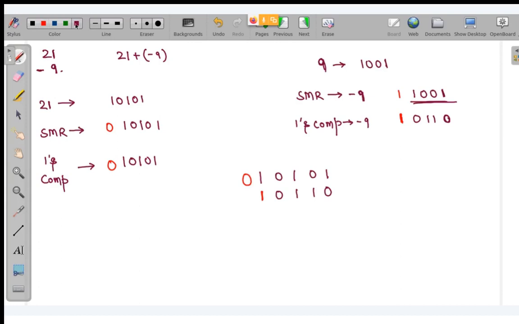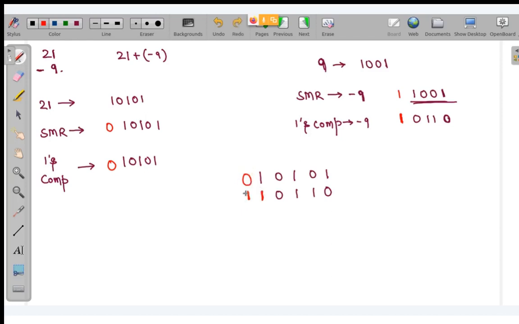See, whenever there is a bit mismatch, never ever zero pad over here. Simply copy the sign bit. Whatever the sign bit is, copy it over here. So this will always remain 1. And always remember the leftmost bit is the sign bit. So now this has become the sign bit, not this one anymore.